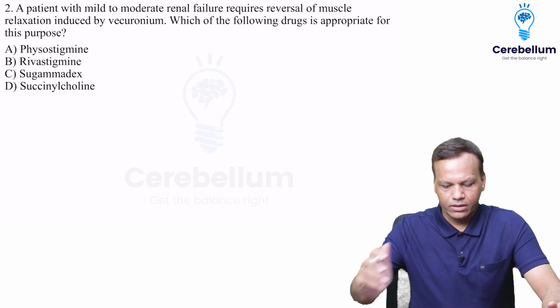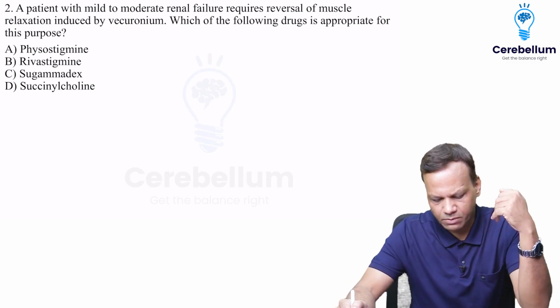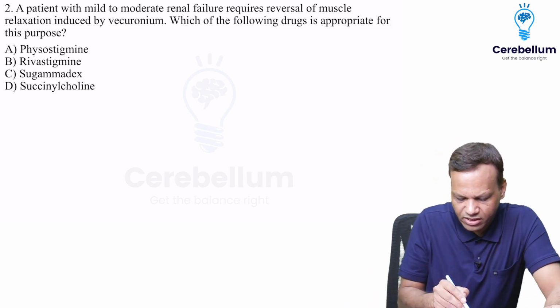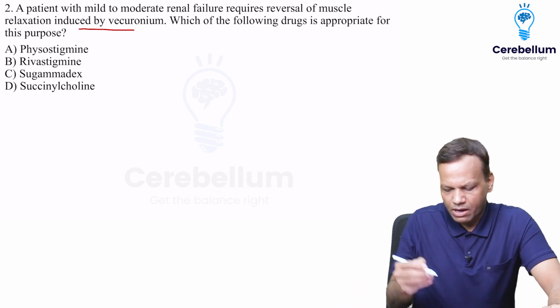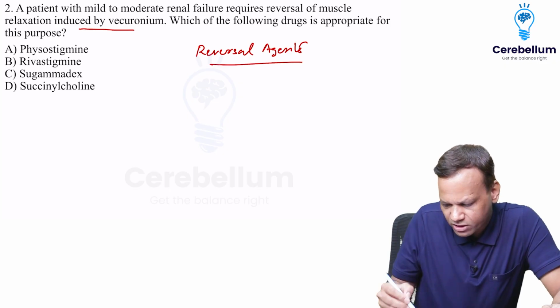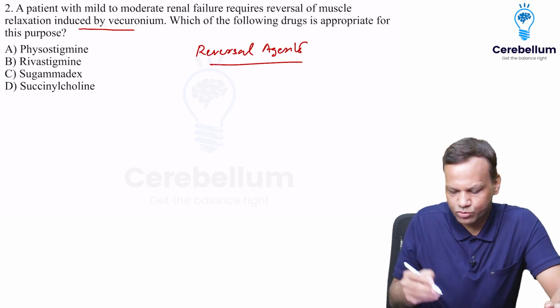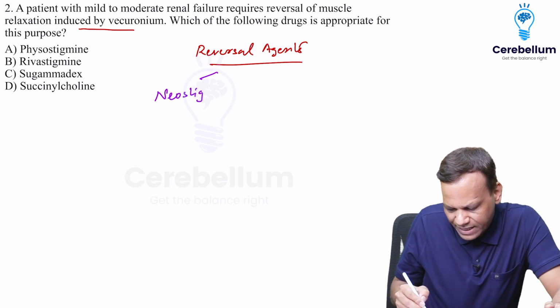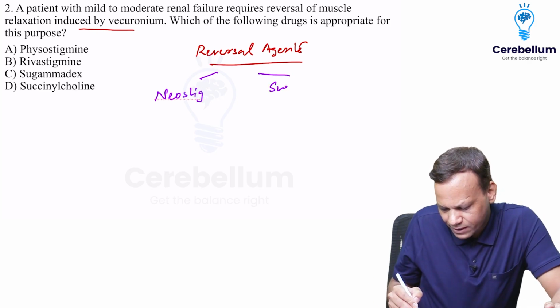Okay. Now, second question, a patient with mild to moderate renal failure requires reversal of muscle relaxation caused by vecuronium. Remember the reversal agents which are used in anesthesia for the muscle relaxants, after using the muscle relaxant, they may be neostigmine and that may be sugammadex. So we all know about them.